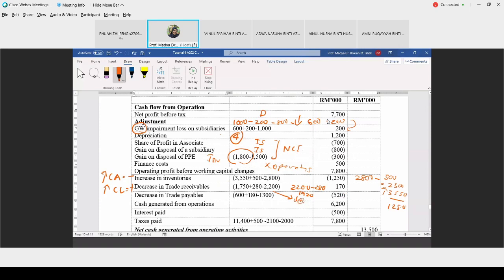Then for trade payables, okay, we have done that. Then look at your current liabilities.